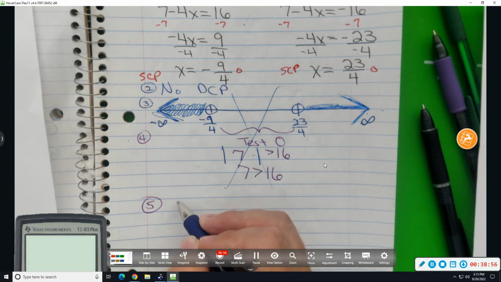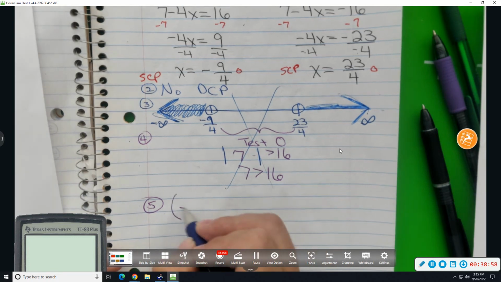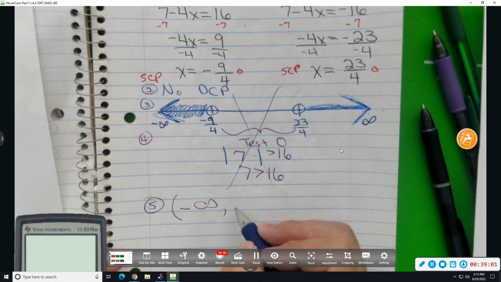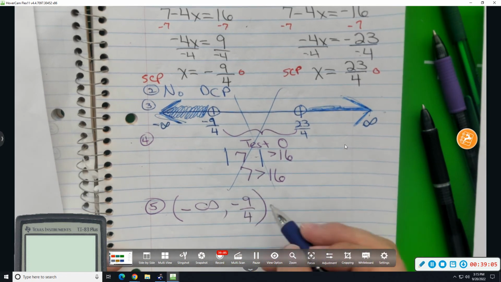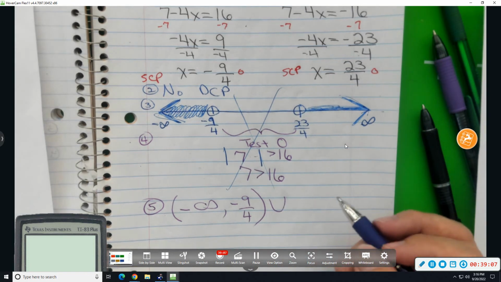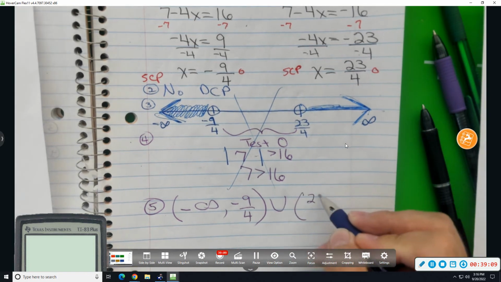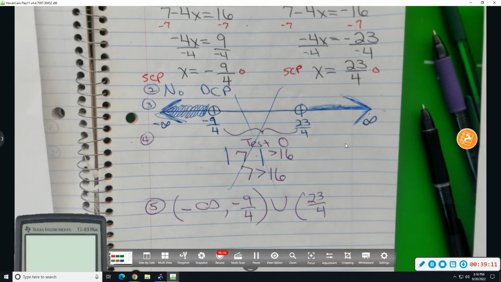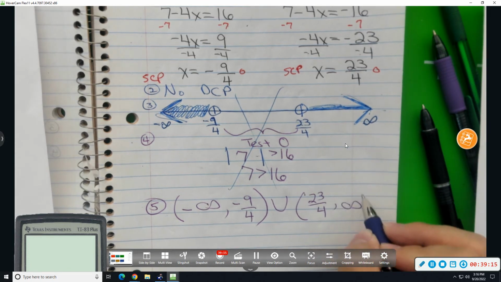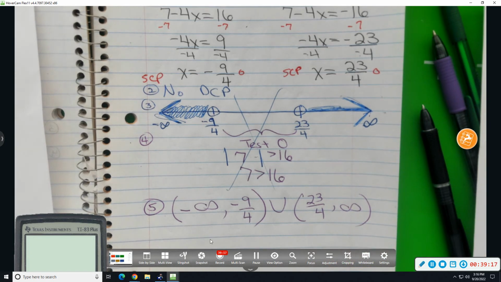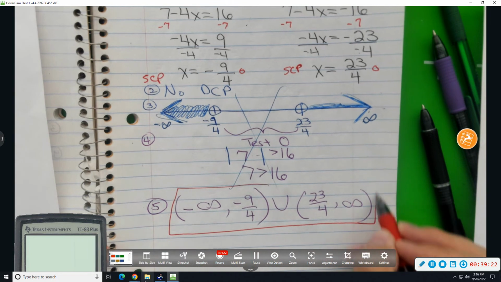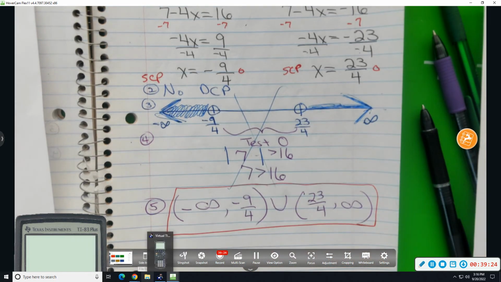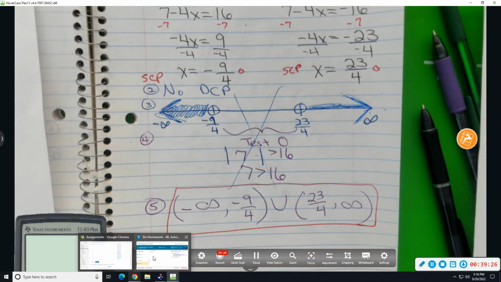Open parentheses, negative infinity, comma, negative 9 over 4, close parentheses. Union. Open parentheses, negative 23 over 4, comma, infinity, close parentheses. Okay. Good. There were no closed dots on the number line. That means we had no square brackets, only parentheses.